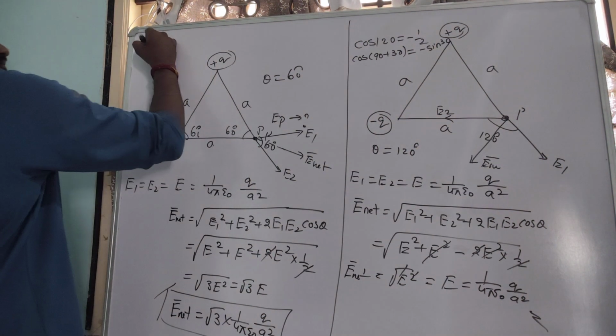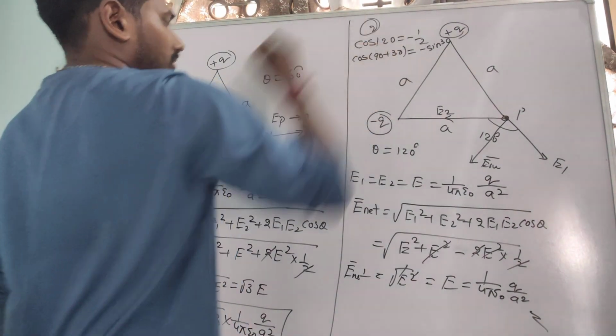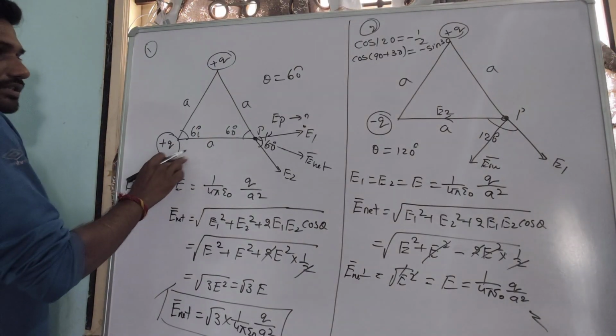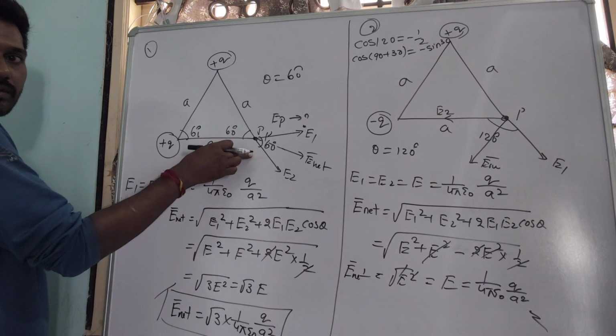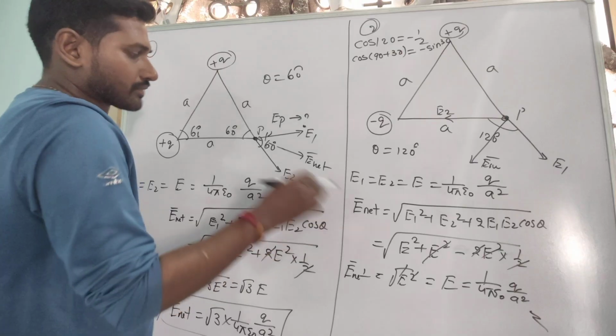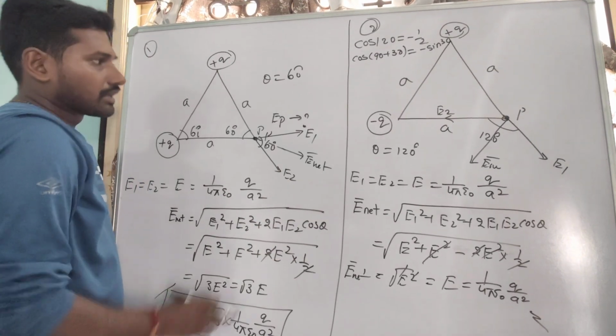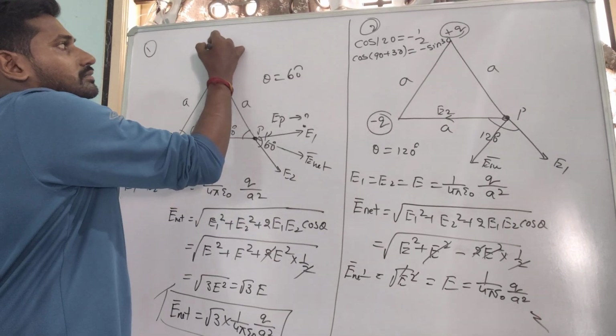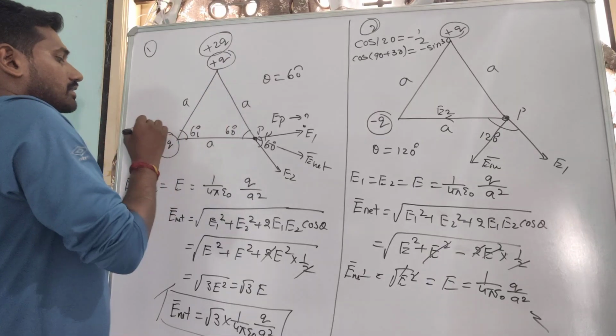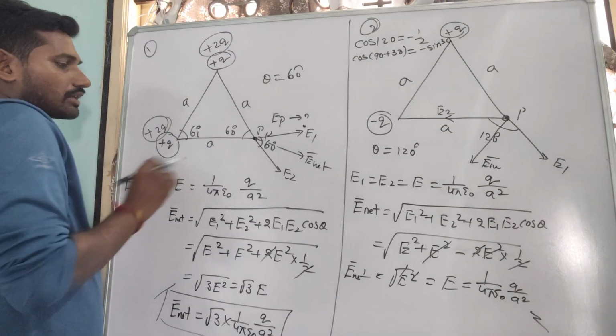Okay. So this is problem number 1, problem number 2. Clear? For positive charges, you get the net electric field at the other corner point P like this. The resultant is root 3. For example, if they change it to plus 2Q, the radially outward directions are at 60 degrees.